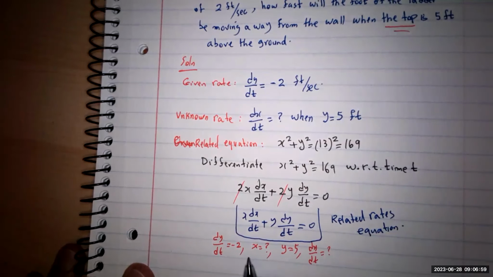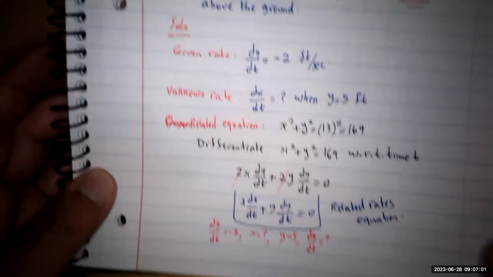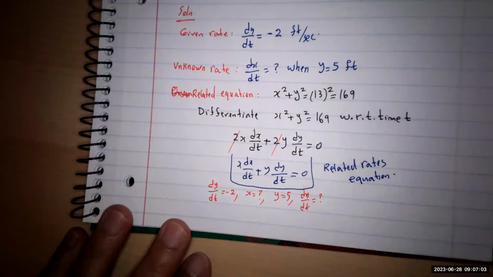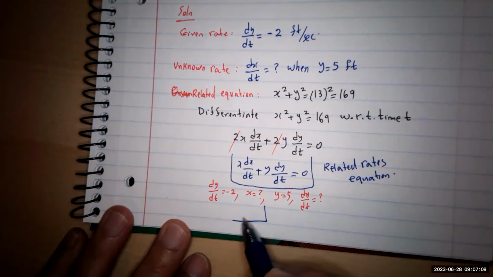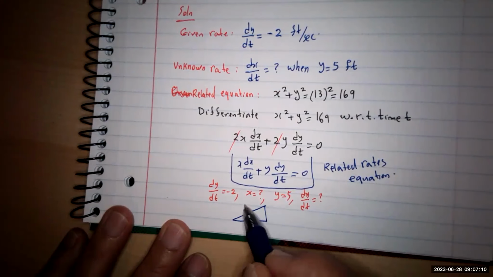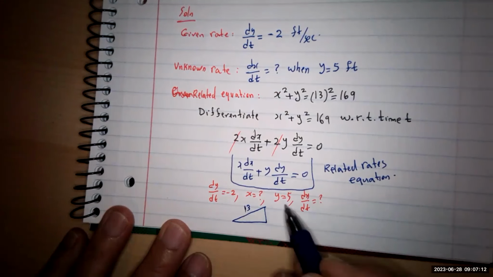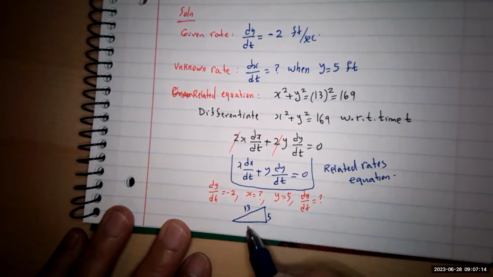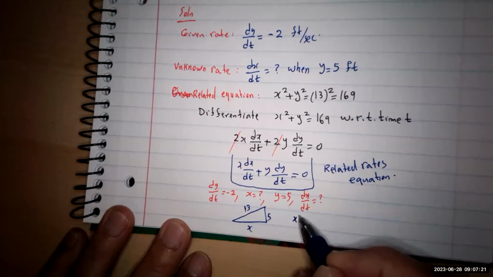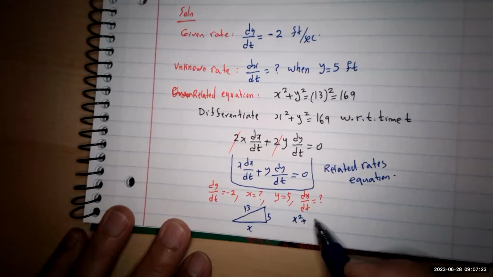We have to find the x. So what we do is a mini application of the Pythagorean identity again. That was 13, this is 5, and the x is missing. So x squared plus 5 squared, which is 25, equals 169.